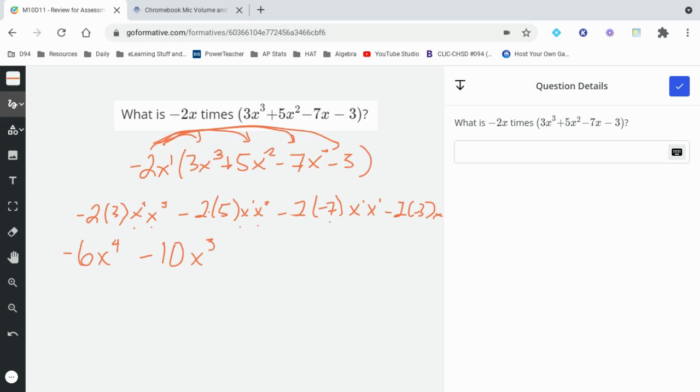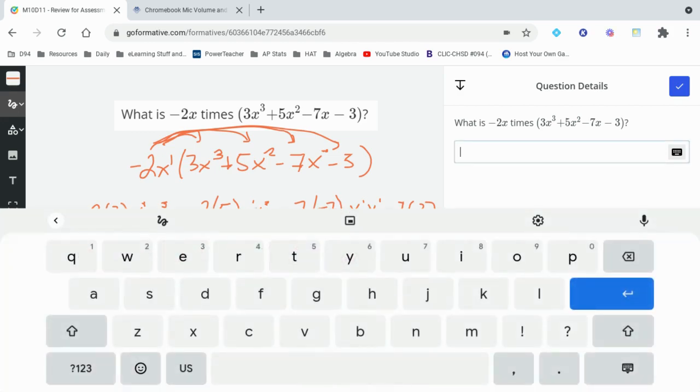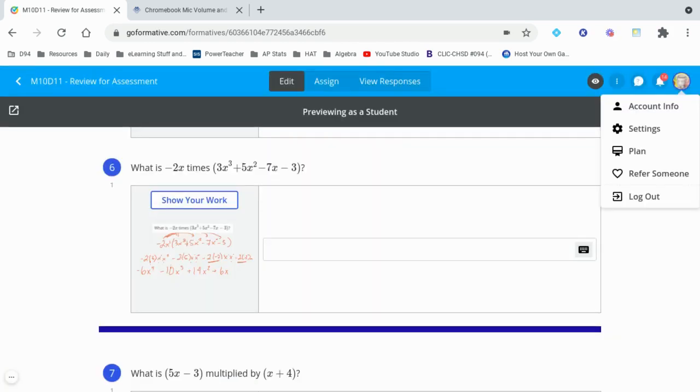Negative 2 times negative 7 here is going to give me 14 x squared, because I've got 1x times 1x. And this last one, negative 2 times negative 3, is going to be a positive 6x. And again, type just your answer up over here in the box, and you will be good.